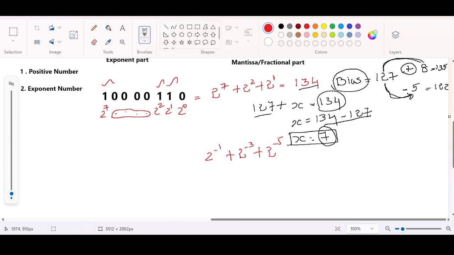Right? This 2 to the power of minus 1, you can do the alternate conversion. You can convert this 2 to the power of minus 1 like it is similar to 1 by 2 to the power of 1. This is similar to 1 by 2 to the power of 3. And this is similar to 1 by 2 to the power of 5.